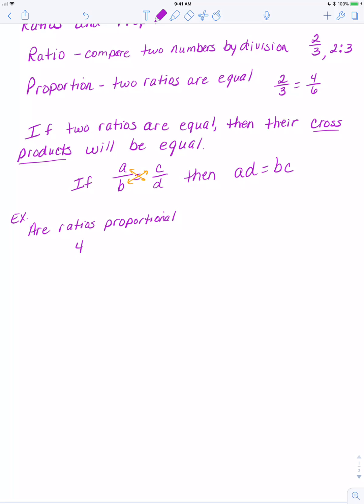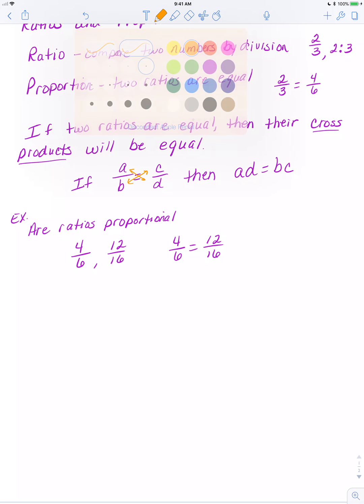So if you're given two ratios, so 4/6 and 12/16, and we want to see if they're proportional. Well, we're going to set them up as their cross products. So 4/6, is that equal to 12/16? And again, we're just going to cross multiply on that.